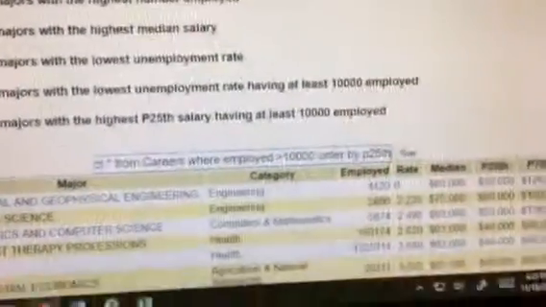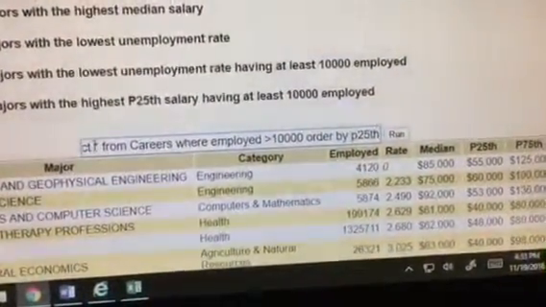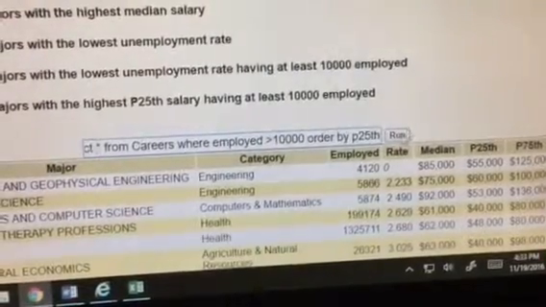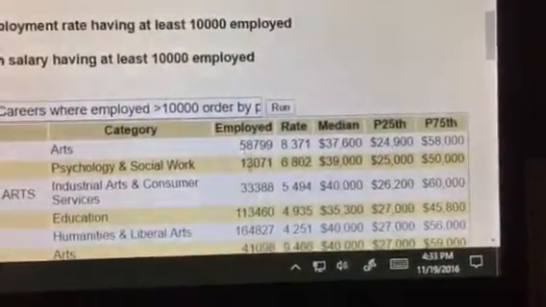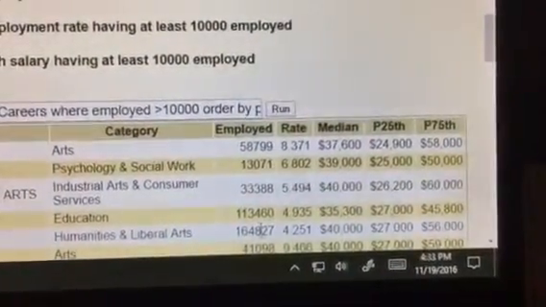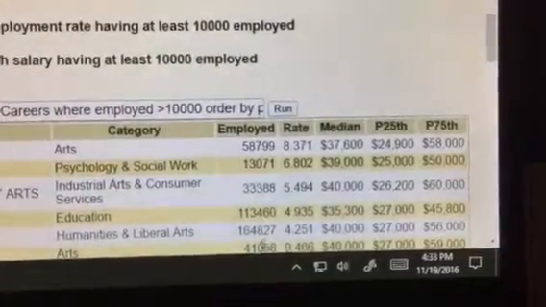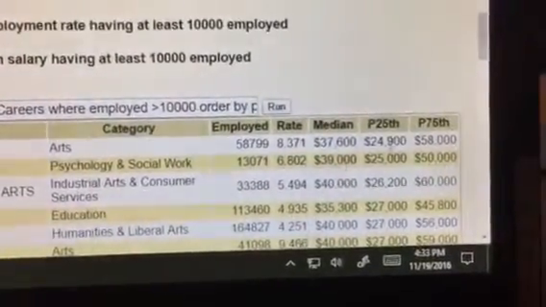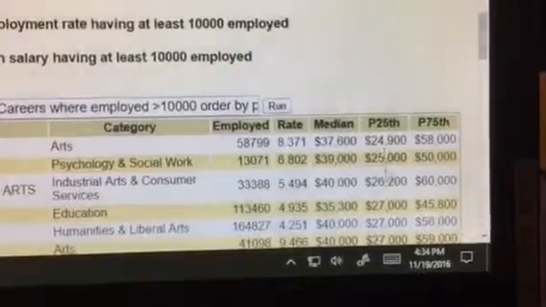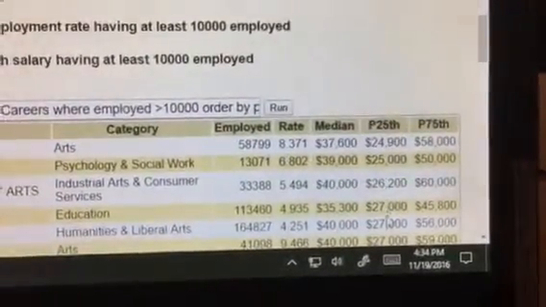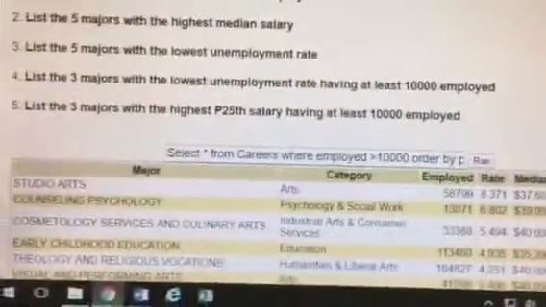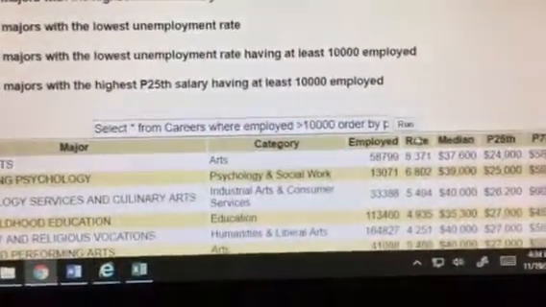Now when I run this, did it do what I asked it to do? Notice that the employed, there's always more than 10,000 people. I don't see anybody less than 10,000. And I am ordering by the 25th percentile, 24,900, 26,200. And I want the highest salaries.